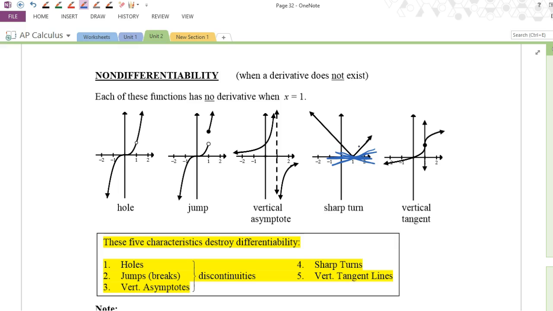Be very careful about sharp turns. They're going to be rare, but you have to be aware of them. We talked about that on question number 9. Anytime you get a vertical tangent, which is a slope of undefined, that is not differentiable. Got it?